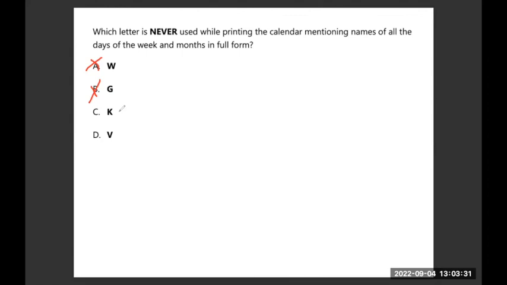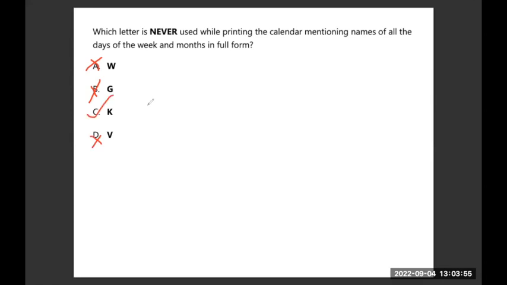You're not sure. This could be the answer. V, does V happen anywhere? November. V happens in November. So option D is also wrong and option C is the only one.